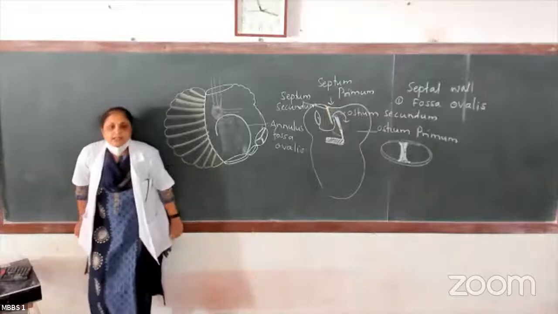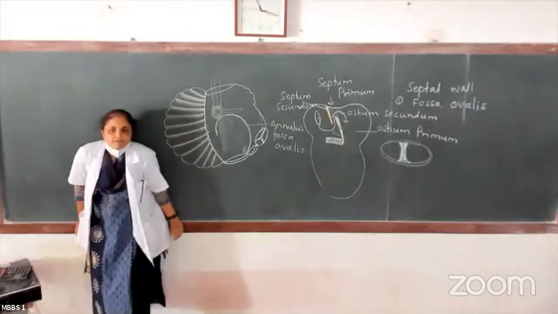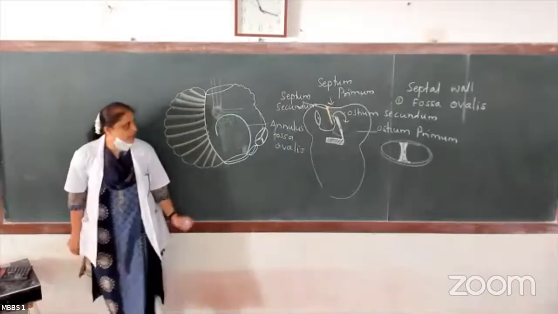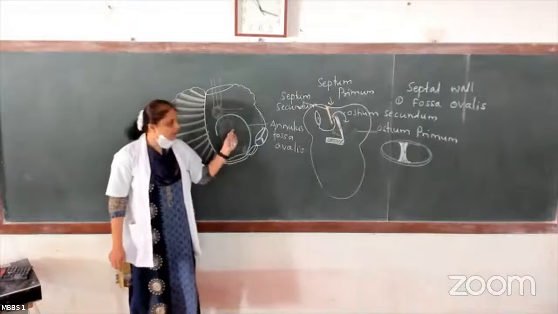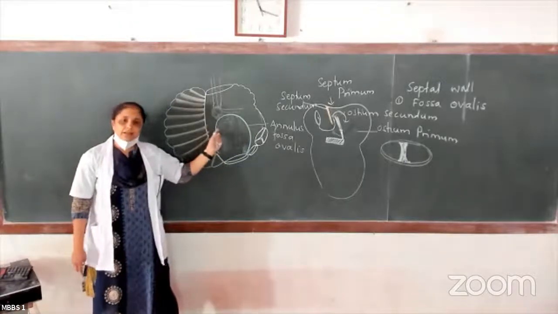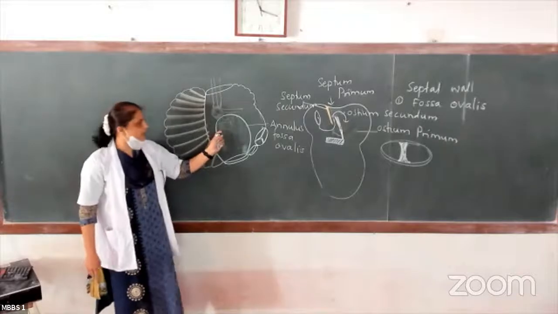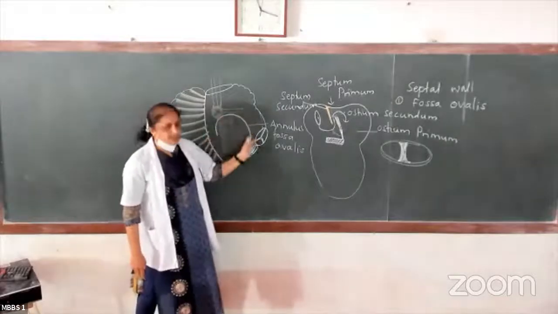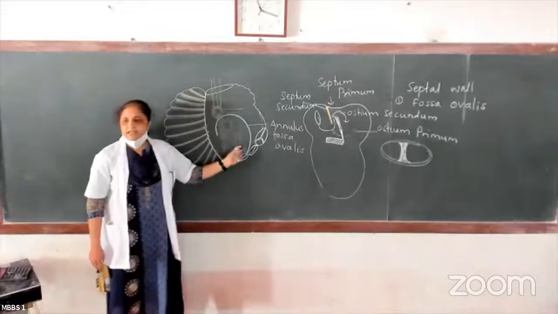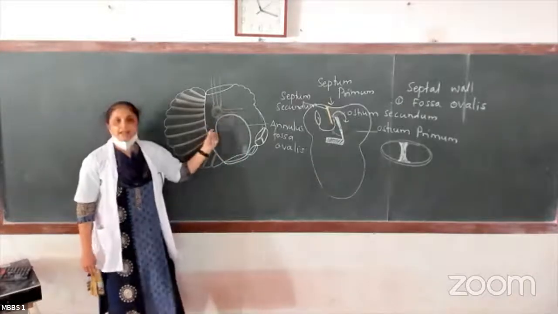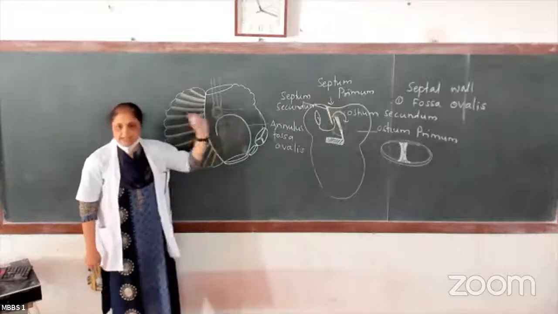Fossa ovalis is a remnant of the foramen ovale, which is represented in the adult heart by the septum primum. The margin of this fossa ovalis represents the remnant of the septum secundum, the semilunar margin of the septum secundum.